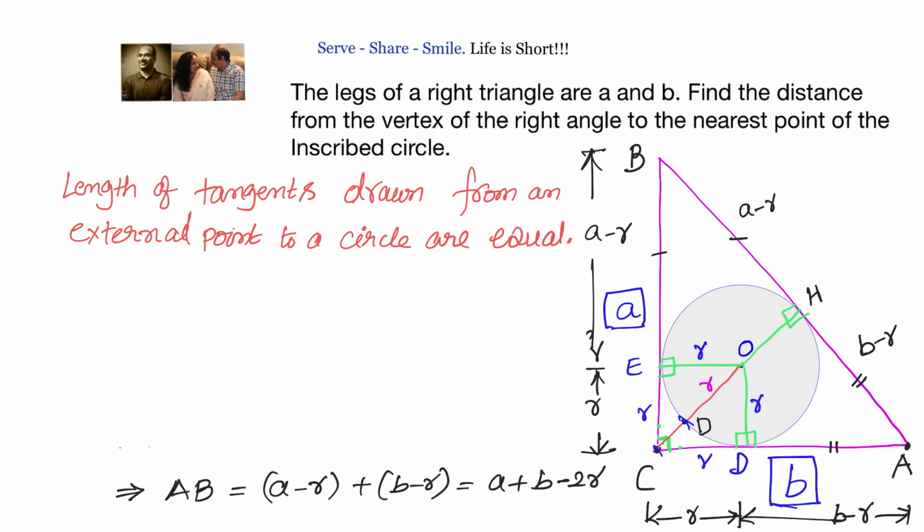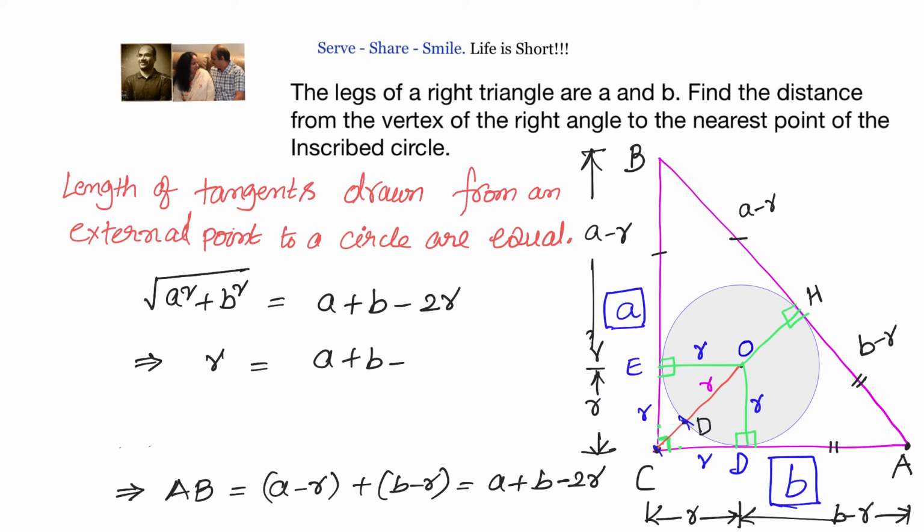But what is AB? AB is the hypotenuse of this right angle triangle. So we can write square root of A square plus B square equals A plus B minus 2R. So R equals A plus B minus square root of A square plus B square, divided by 2.